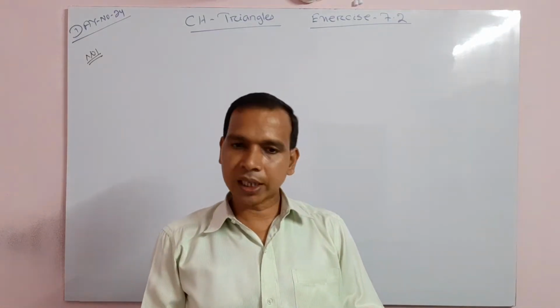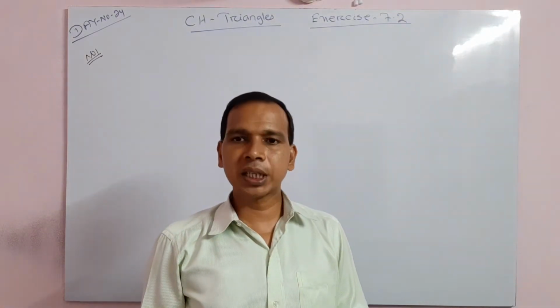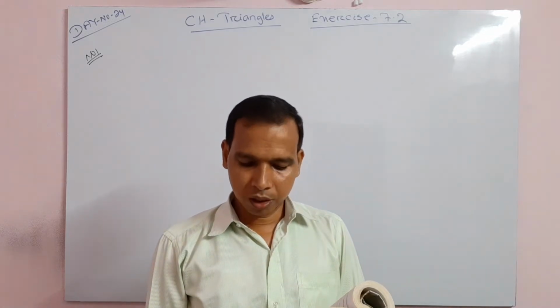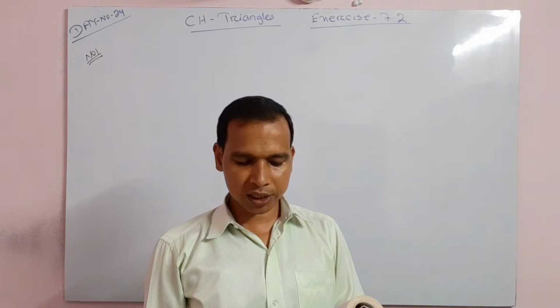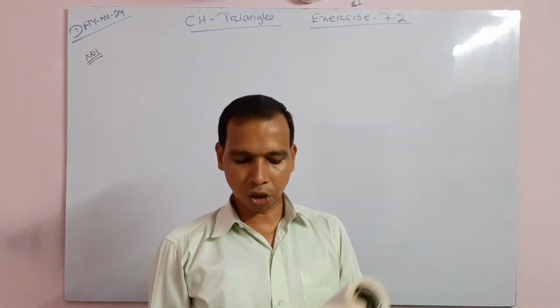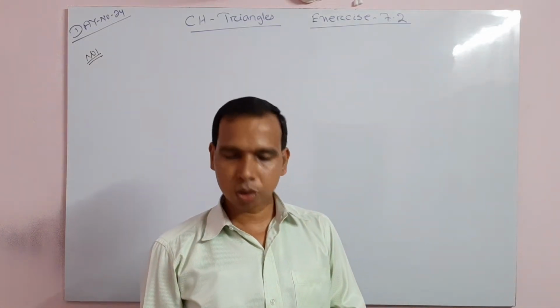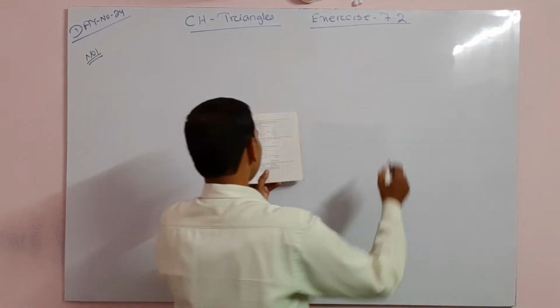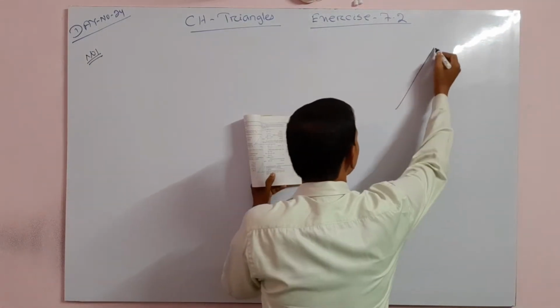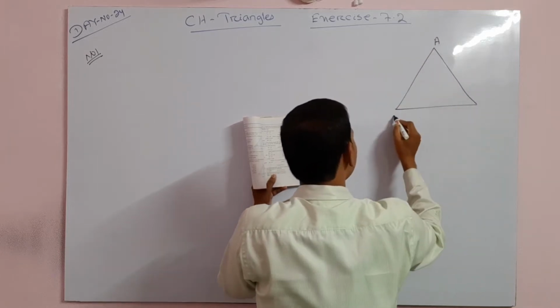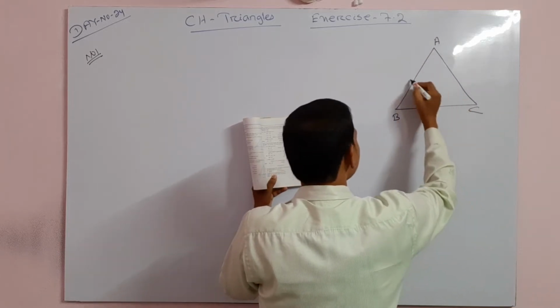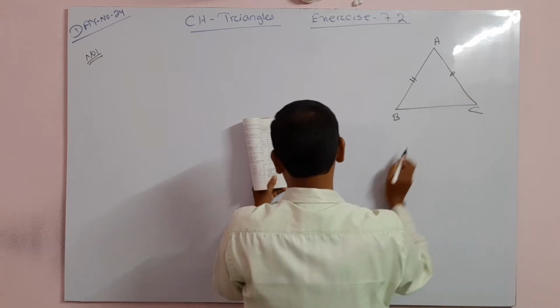In an isosceles triangle ABC with AB equal to AC, the bisector of B angle and C angle intersect each other at O. Join A to O. So here is an ABC isosceles triangle. In isosceles triangle ABC, AB is equal with AC.